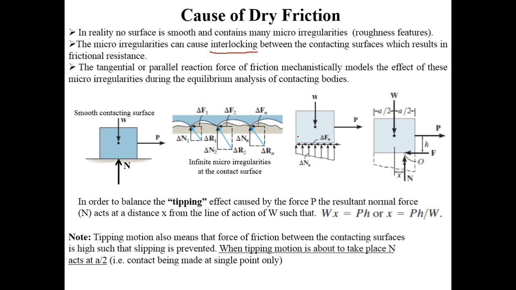As long as we are dealing in two dimensions, we assume that there is no variation of delta N into the screen, into the board, but delta N and delta F can vary along the length direction, like this. As you can see, the sizes of these arrows are different. So these micro irregularities basically generate infinite numbers of delta N and delta F, which in turn generate a distributed system of forces.